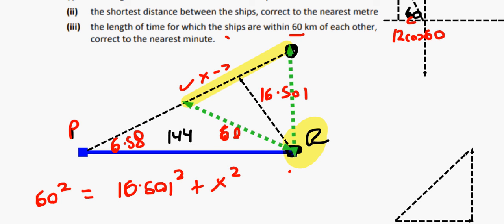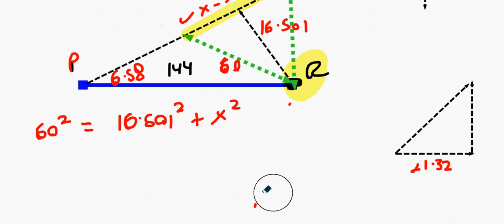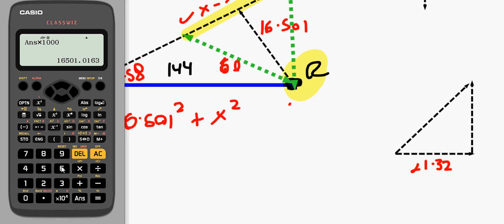Now 60 squared, take away 16.501 squared equals 3327.716999.